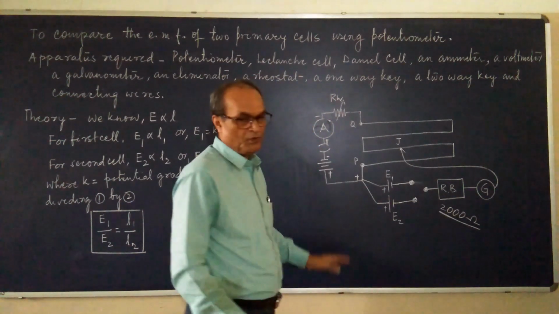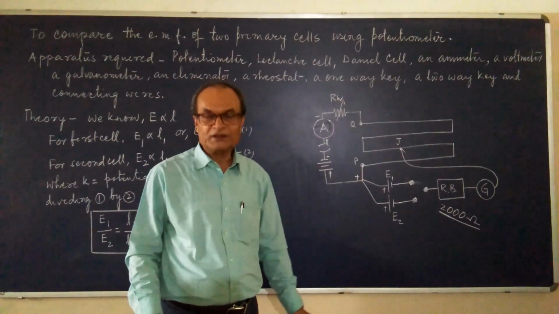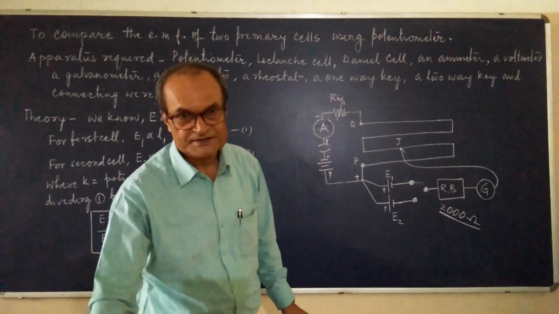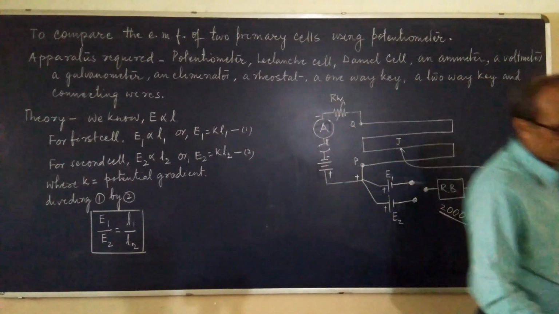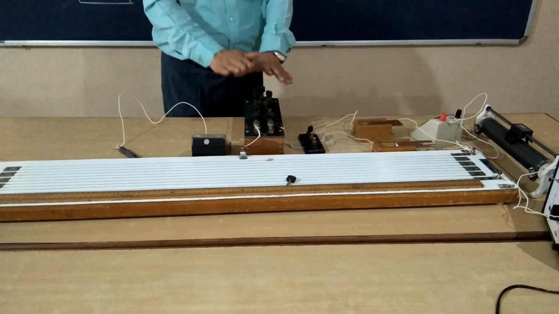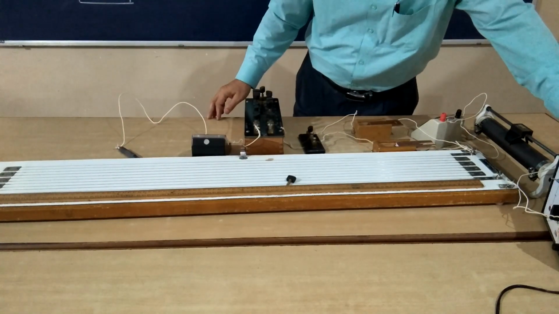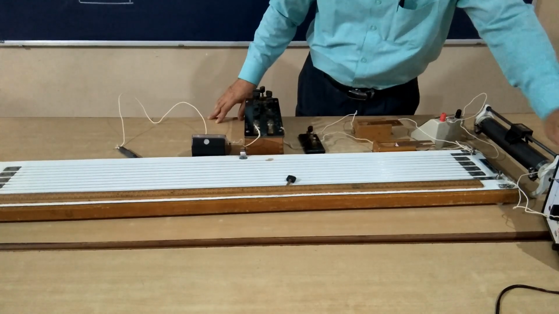Now we will do the experiment. First of all, we will connect all the apparatus. Now see here, this is the potentiometer and this is the power supply, the battery eliminator.